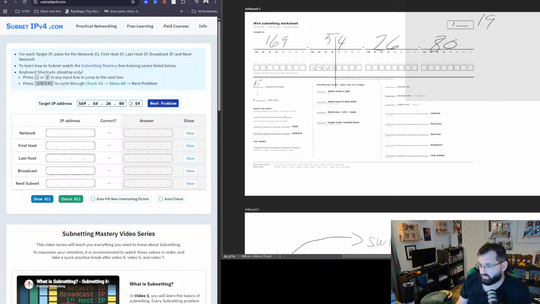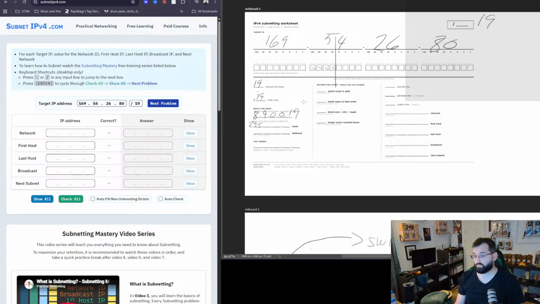Okay, so then let's start filling it out. This is easy. These are give me's. These are just making sure that we understand the vocabulary. So the networks that are frozen is 19. So that means the CIDR is 19. That means that it's 8 plus 4 plus 0 plus 0, which is 19. The mask is 255.